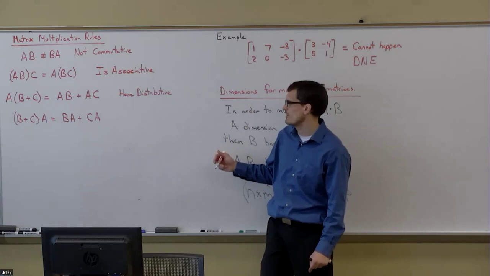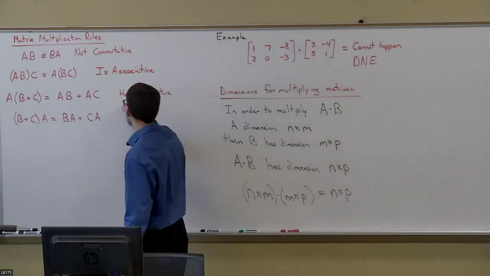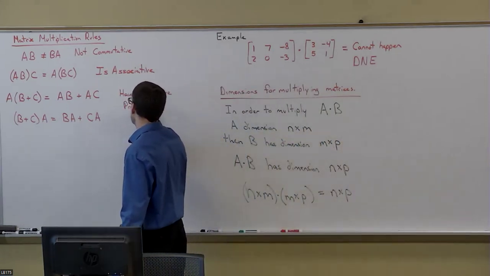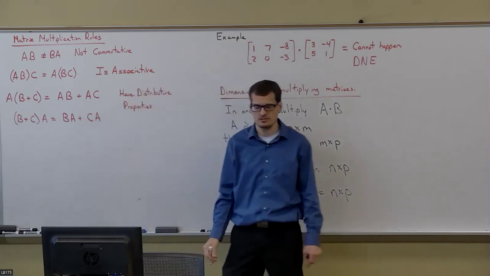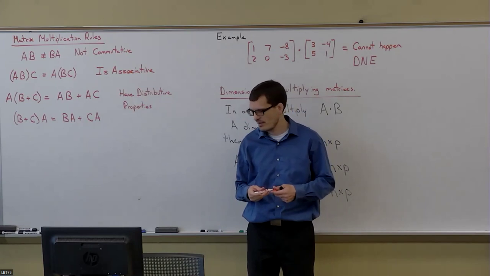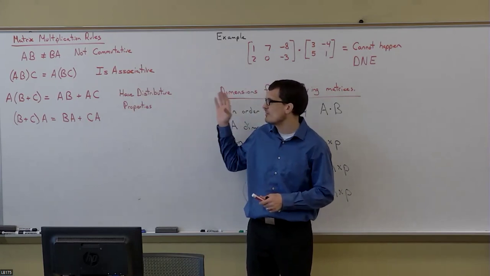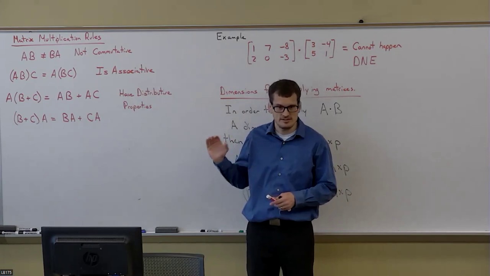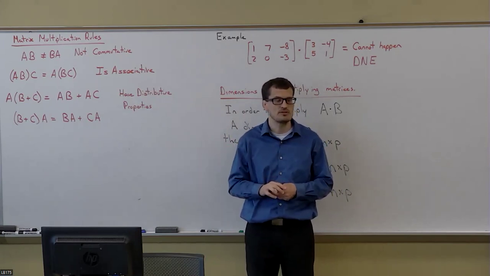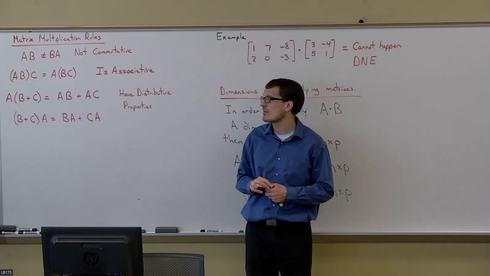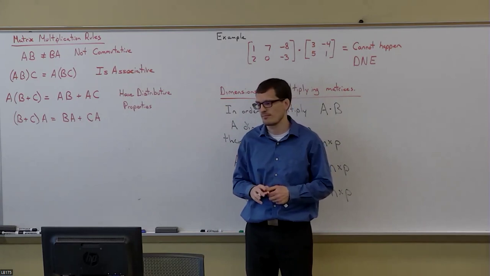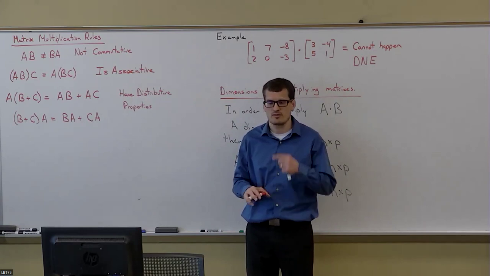So we have distributive properties with matrix multiplication as well. All right. So it's not commutative, but it is associative. It does have the nice distributive properties that we want. Does that all make sense?